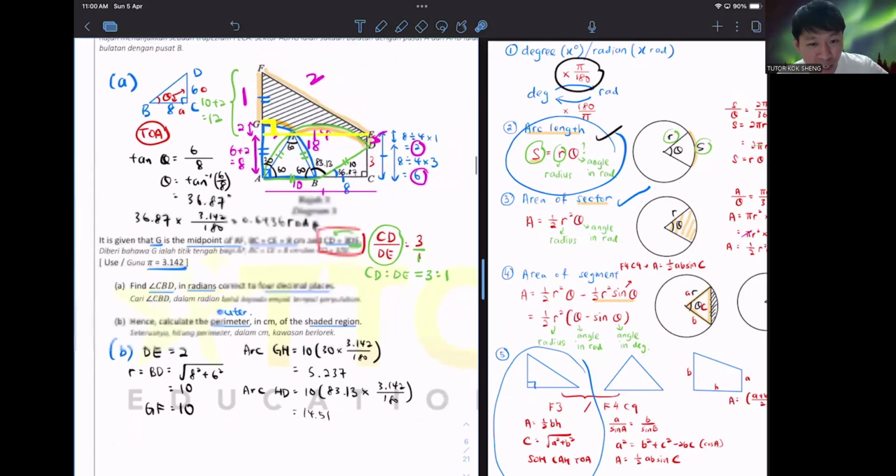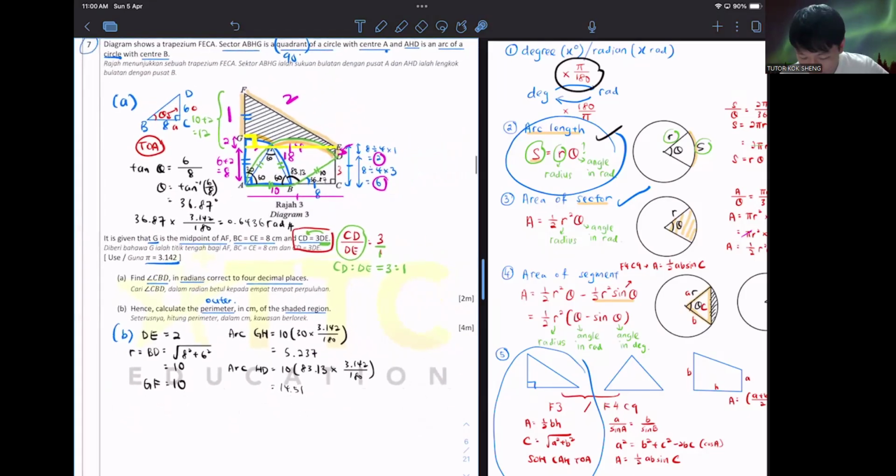How many marks? It's already written here at the side. 6 only. Part A, 2 marks, not really a lot of working. But part B, 4 marks. Maybe I wrote too long for the step here.